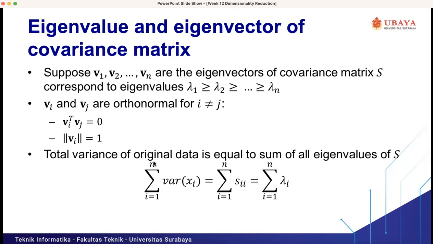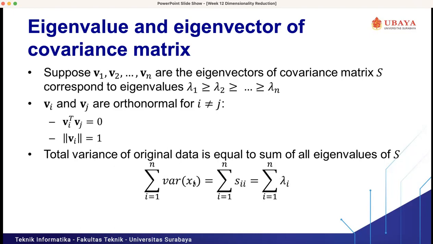And the total variance of the original data is equal to the sum of all eigenvalues of S. So if we calculate the sum of the variances of Xi, the sigma squared values, it will be equal to the sum of the Sii, the covariance matrix diagonal values, and it will also be the same if we sum the eigenvalues.